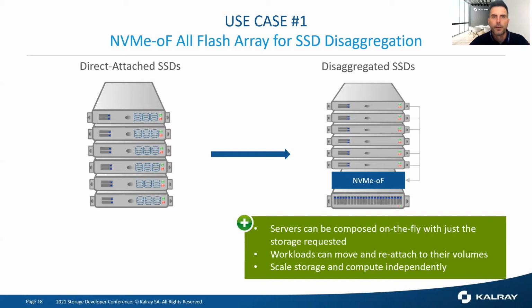And another big advantage of this approach is that you can now scale storage and compute independently, again allowing to reduce the costs. So, of course, shared storage is not new, but thanks to NVMe over Fabric, it's the first time we can have shared storage with performance close to that of direct attached SSDs.